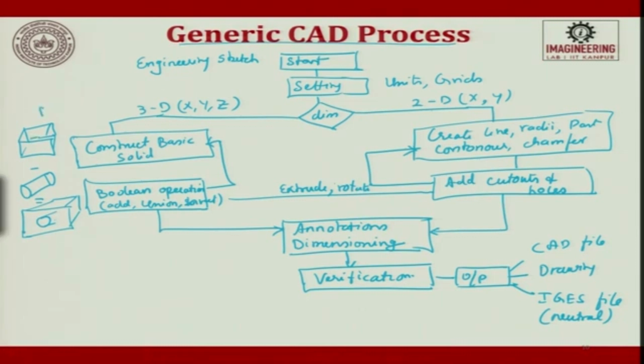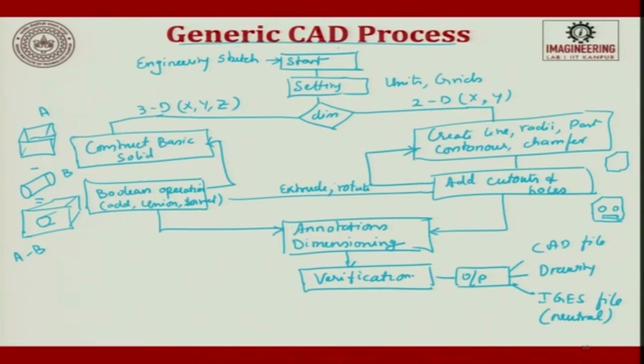So, this is cube A, this is B, this is A minus B. Here we are talking about chamfer, radius, you get the object, and then we cut out and develop it. Okay. So, here it is 2D and here it is 3D. This is the engineering sketch which we do, and this is the generic CAD process.